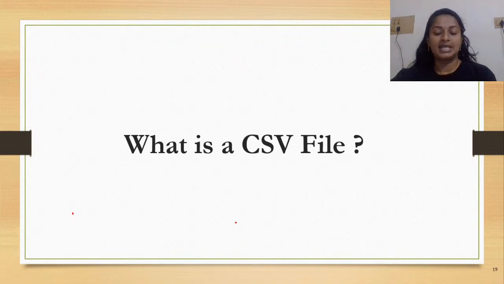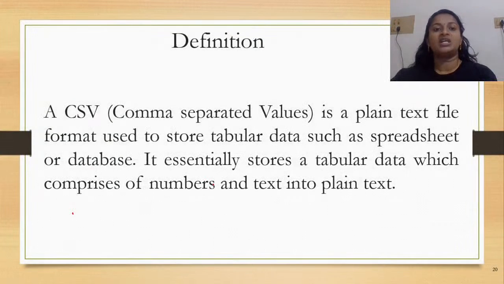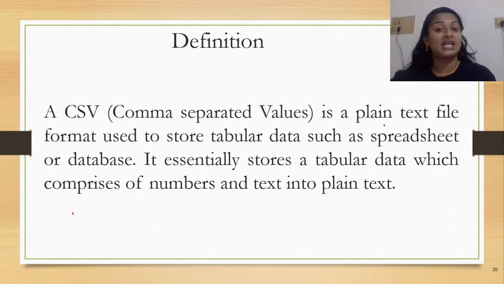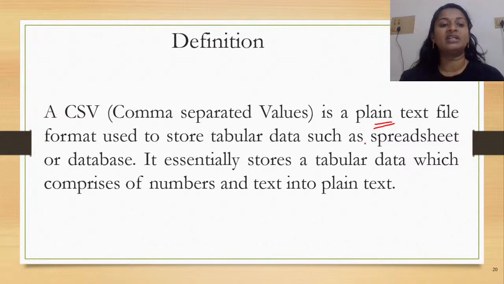What is a CSV file? The definition says a CSV file, or comma separated values file, is a plain text file. We have already seen what exactly a text file is, right? Text files have content which is easily readable and understandable by a human being.